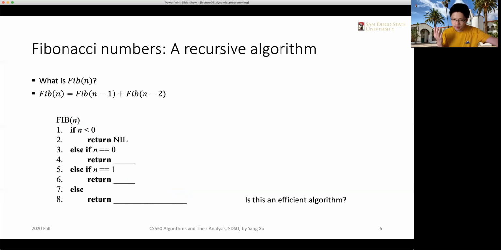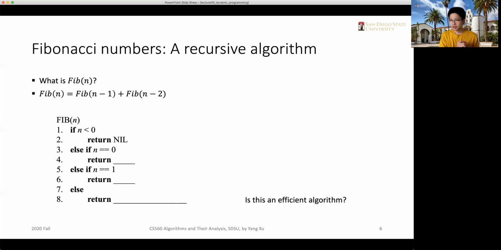But the question is, is this an efficient algorithm? From our experience of divide and conquer approaches, if an algorithm is a recursive one, then we will need to use the recurrence equation to describe its running time, okay?